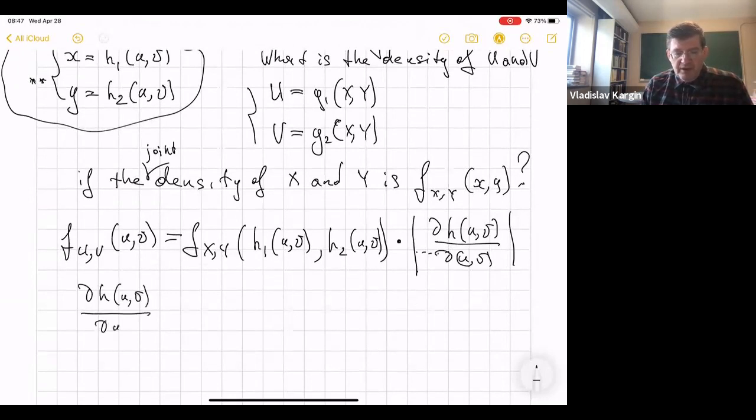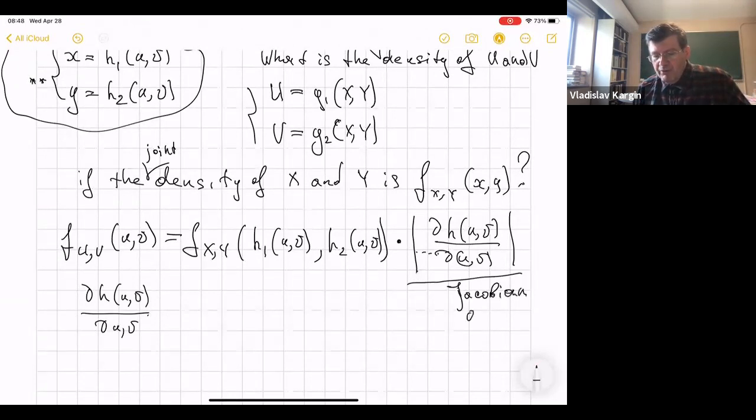Typically the Jacobian is already an absolute value. And so this thing is the Jacobian of the transformation h.